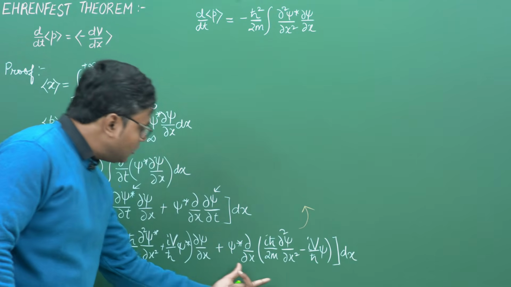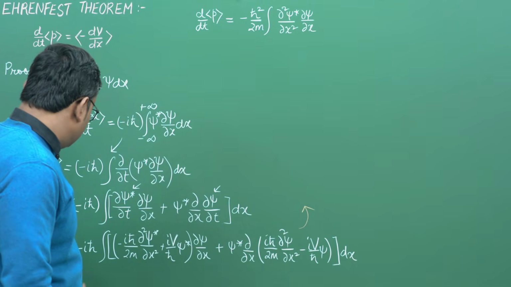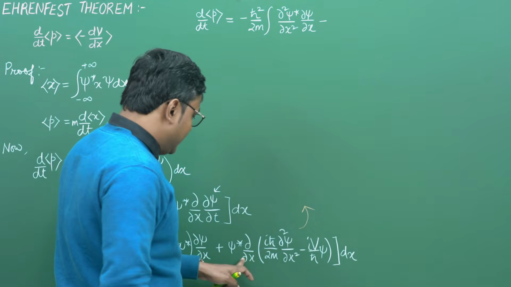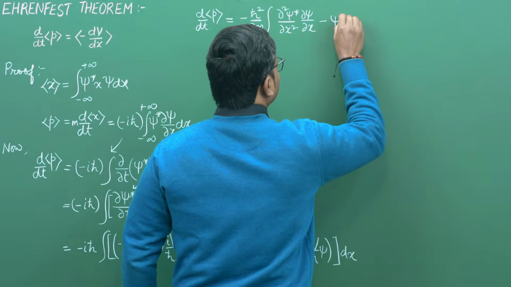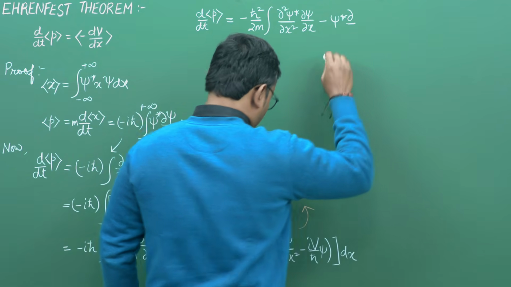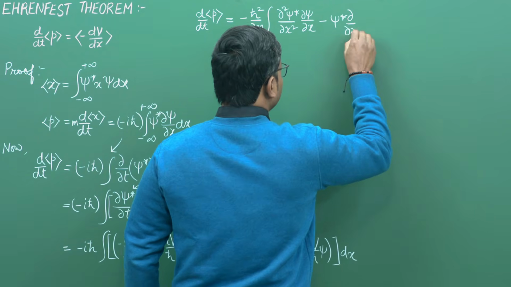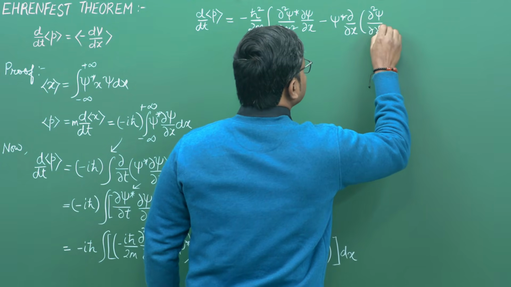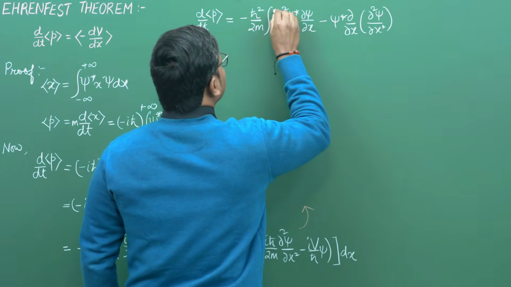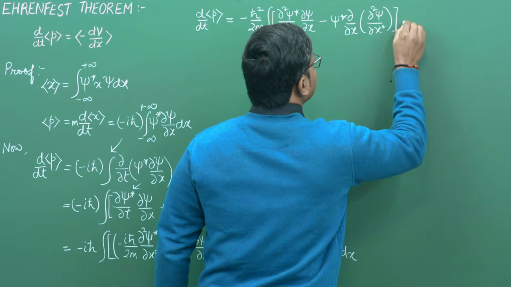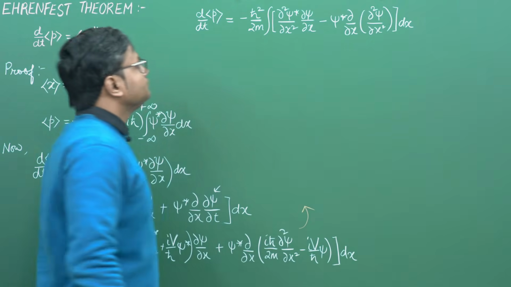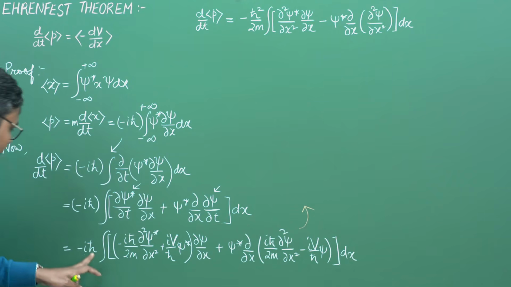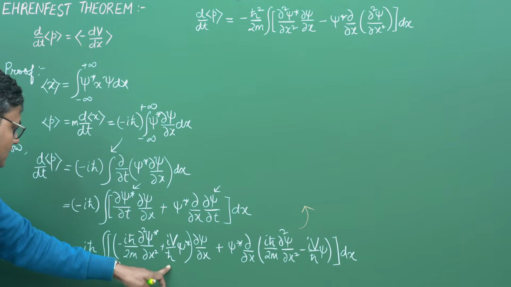And what about the third term? In the third term, I will have a minus sign here, minus, I get psi star del upon del x del 2 psi upon del x2. Okay, this entire expression is integrated with respect to x. And then if I combine the second and the fourth term, I should get h cut gets cancelled.